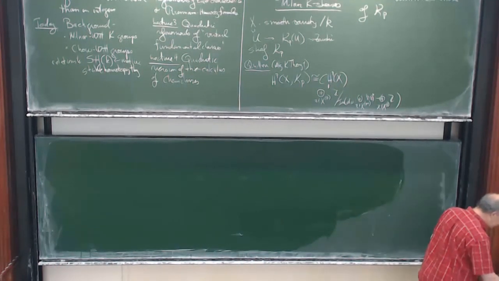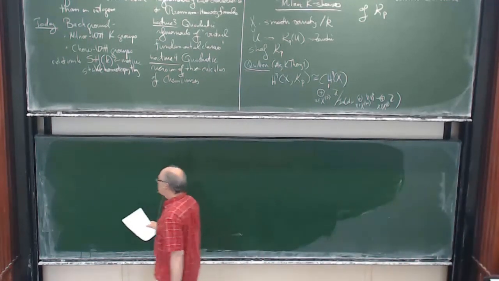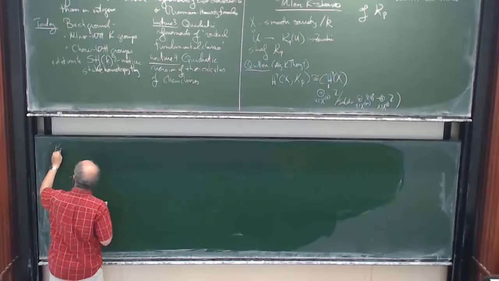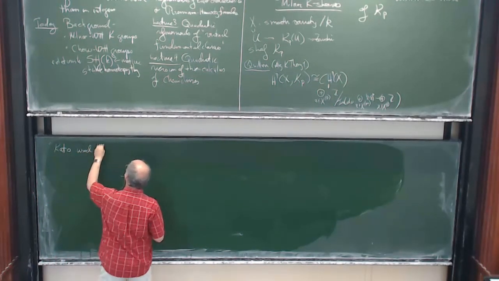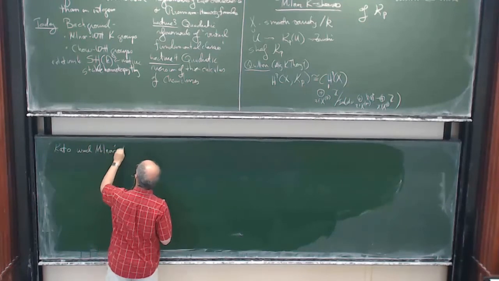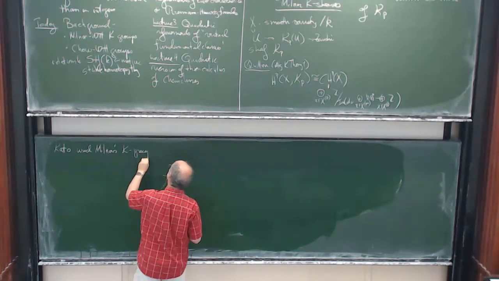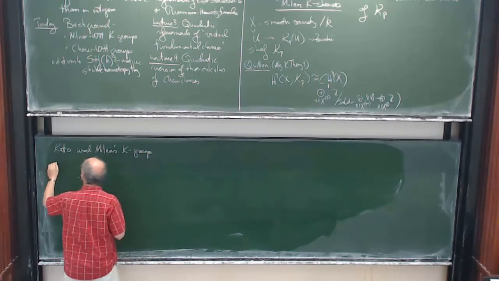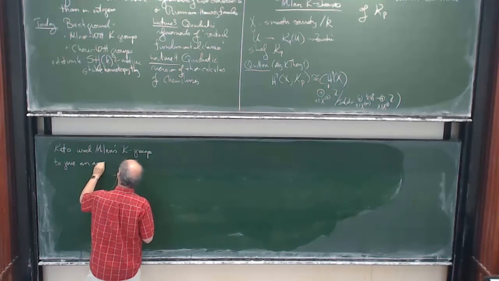So let's see if I get my notation right. So Kato used Milnor's K groups to give an analogous description.